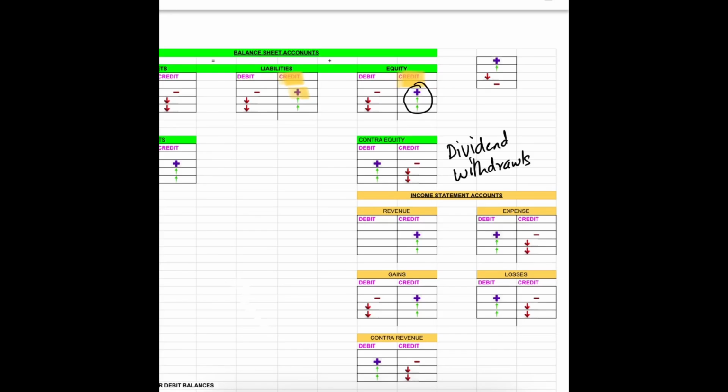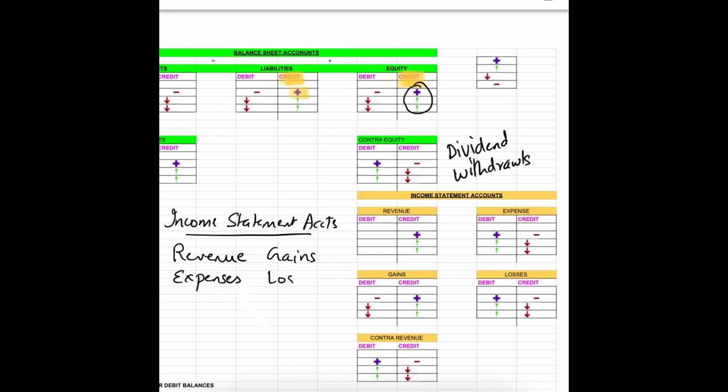Okay, now let's talk about the income statement accounts. What are the income statement accounts? They are revenue, expenses, gains, and losses.